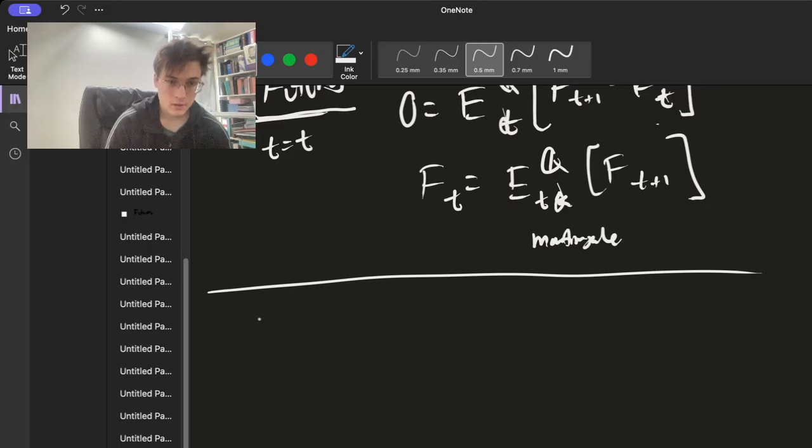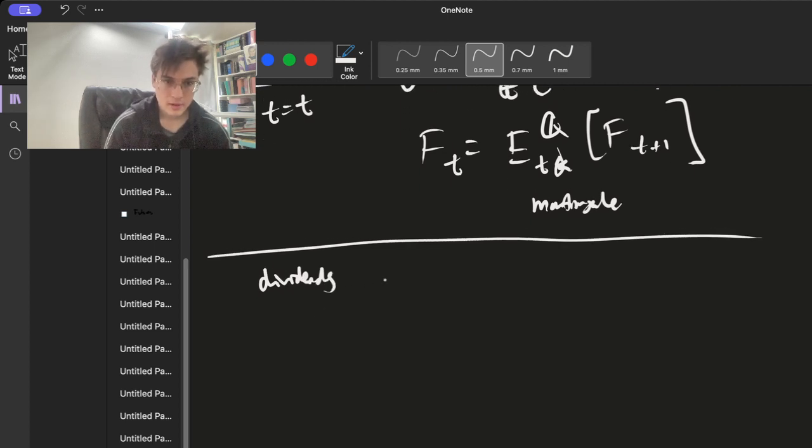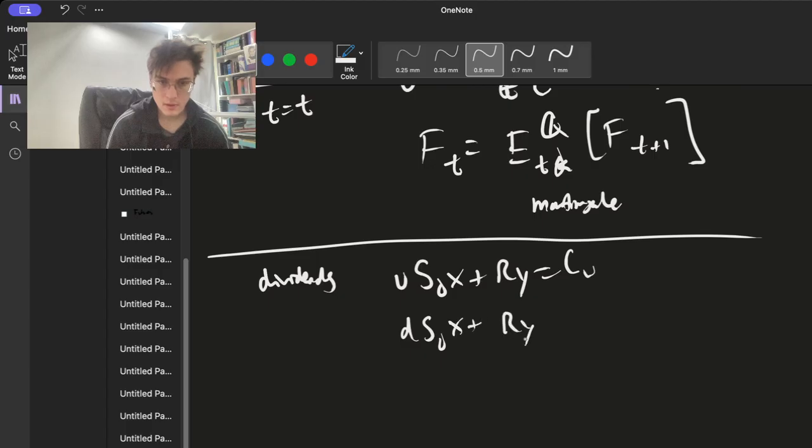Then there was a section on pricing options with dividends, and it's not more complicated. When you're solving for the risk neutral probabilities, the equation usually is this: C_u, and then we have d, s, x plus r y.